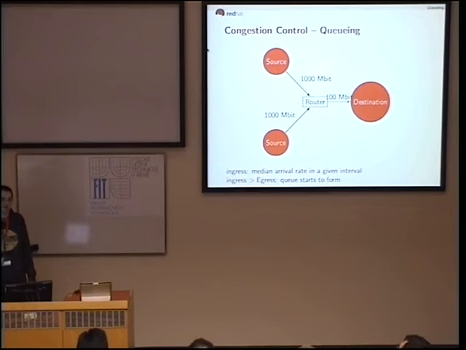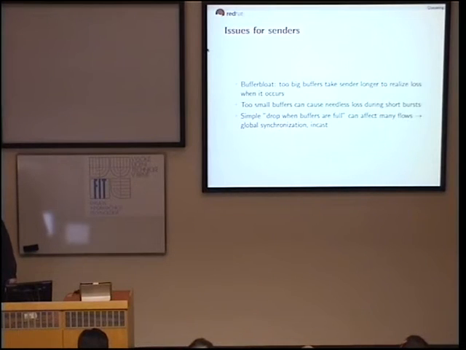Instinctively, you would say that you should just buffer as much as you can, but it turns out that this is not really the best solution. In fact, TCP senders are confronted with a couple of problems with queuing. Most notably, if the buffers are too big, then it will take the sender a very long time before it realizes that a congestion event has even taken place, because all of the packets are still sitting in some queue.